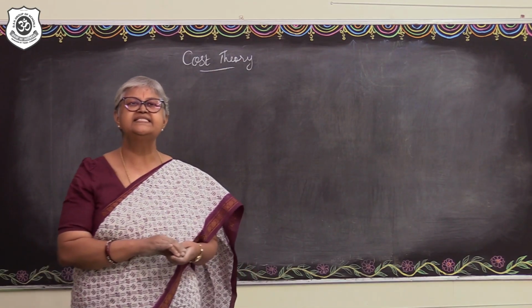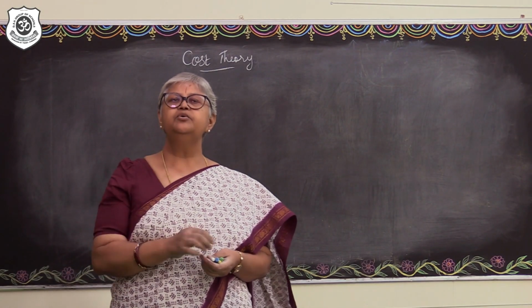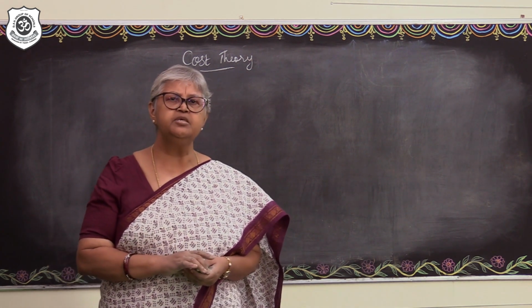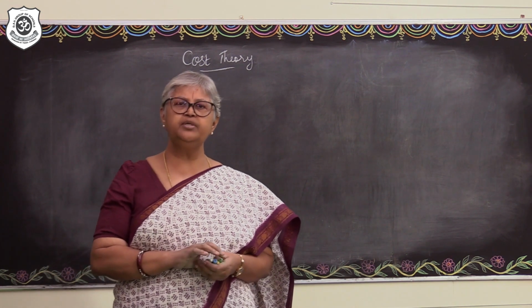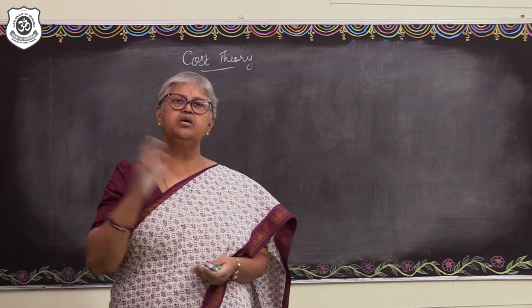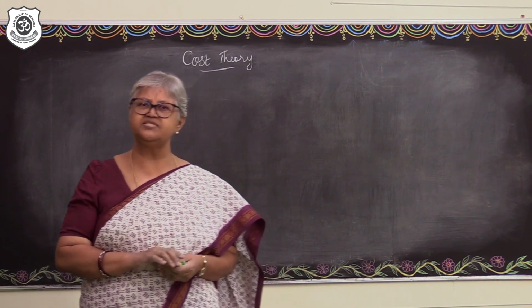Namaste. In today's clipping, we will move on to understand the relationship between the additional cost of production due to the additional output that is produced, namely the marginal cost, and that of the total cost and the total variable costs. Right?